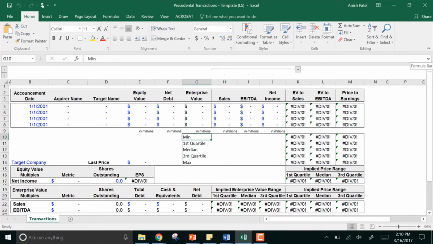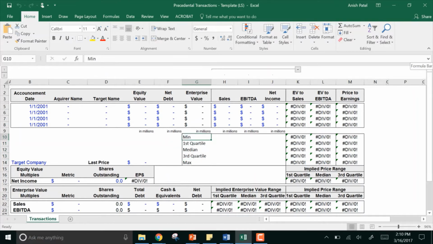To come up with an implied range for your target company that you're trying to value, you'll first start by making it a range for the peer transactions. So this could be anywhere from a minimum, first quartile, median, third quartile to a max. Could just be first quartile to third quartile.